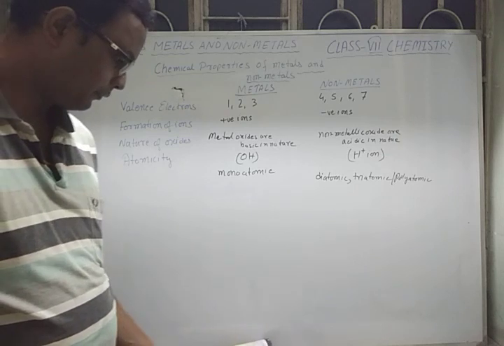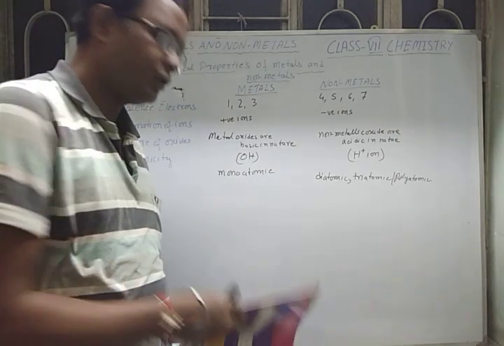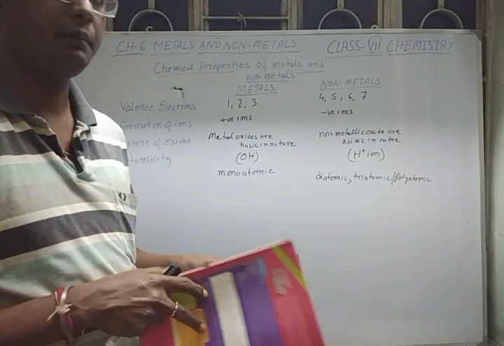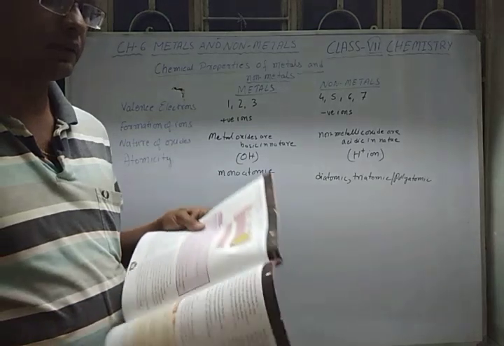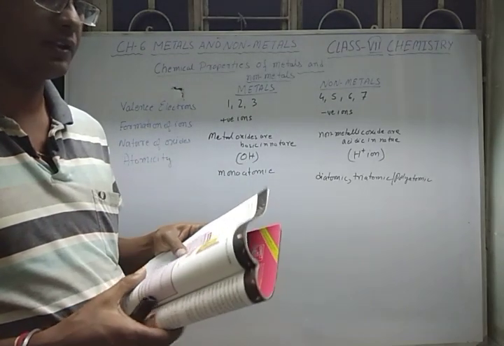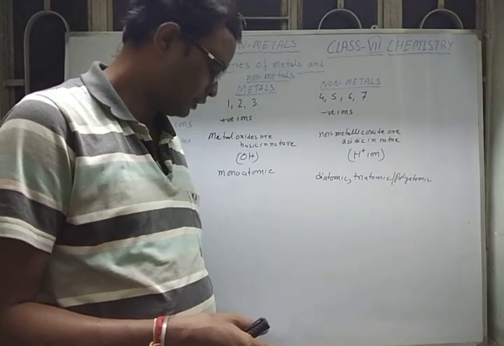Now the next point in this chapter is the position of the metals and non-metals in the periodic table. As we have already studied the periodic table in the previous chapter, we have seen slight descriptions.